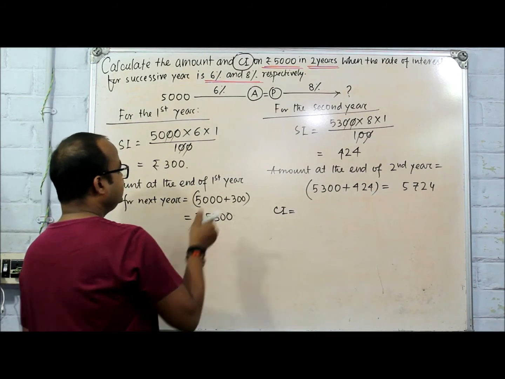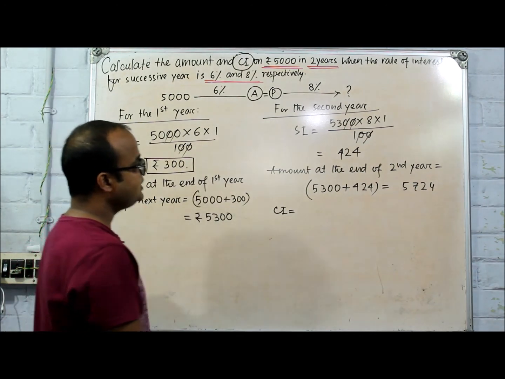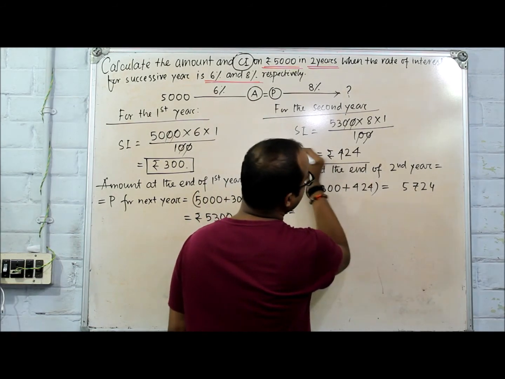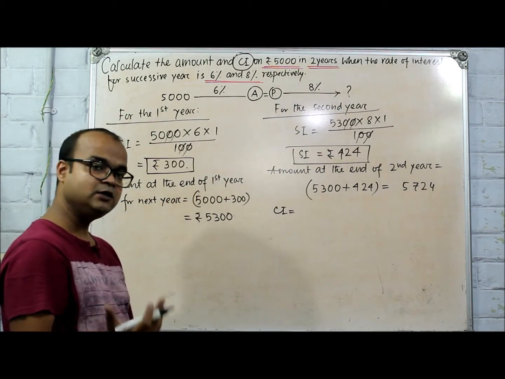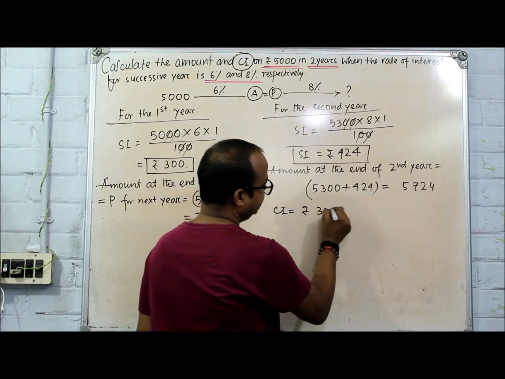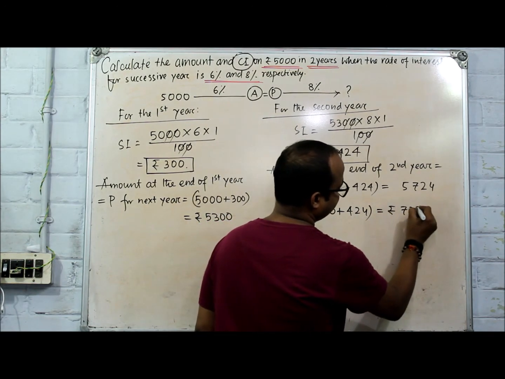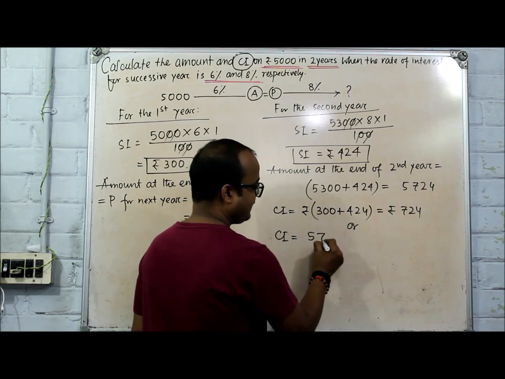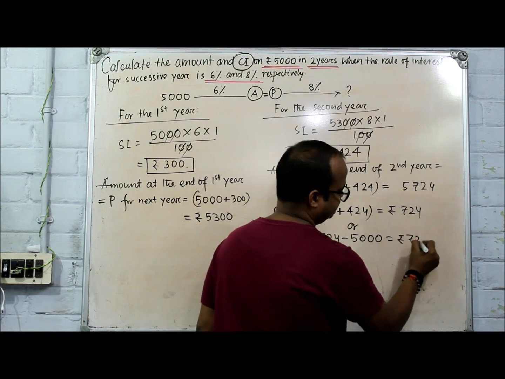Or at the end of first year your interest is 300 rupees, at the end of second year your interest is 424 rupees. If you add these two, then also you get the compound interest: 300 plus 424, so your interest will be 724. Or you can find CI by amount minus principal.